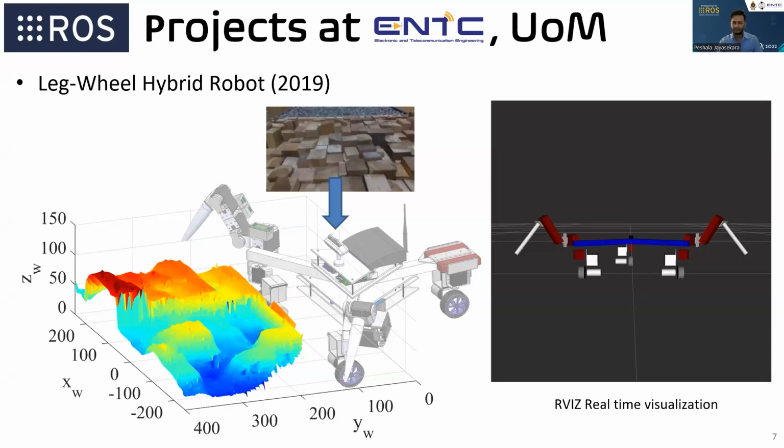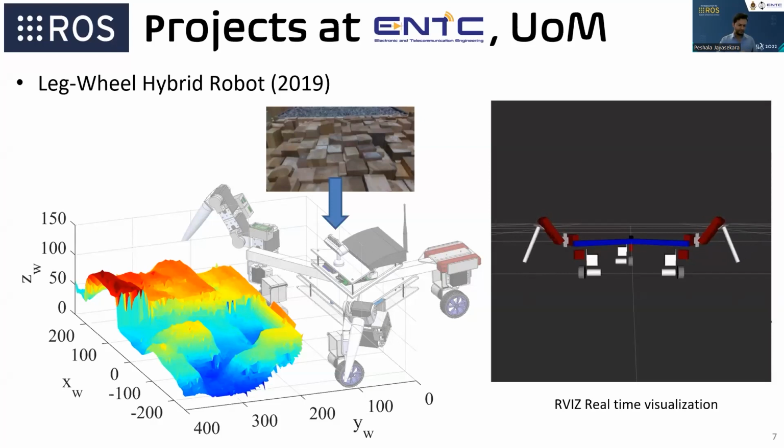It is like a 3D representation of the surroundings of the robot. We have algorithms, so if it is red, the robot might not be able to go through that. If it is blue or yellow, the robot is able to traverse through that using this leg-wheel hybrid combination. Everything in this robot is done using ROS and C++.